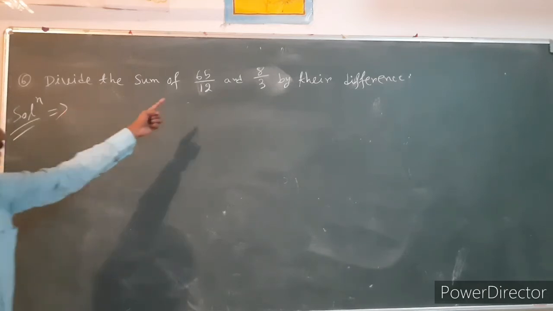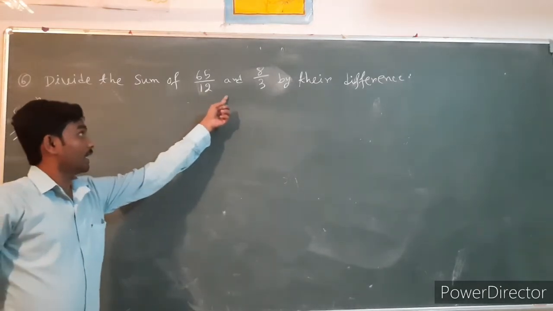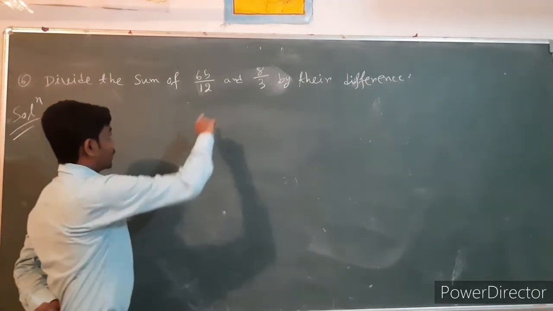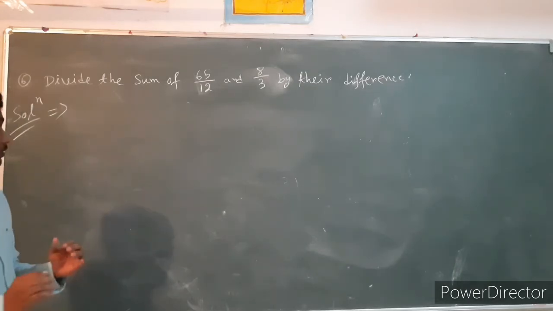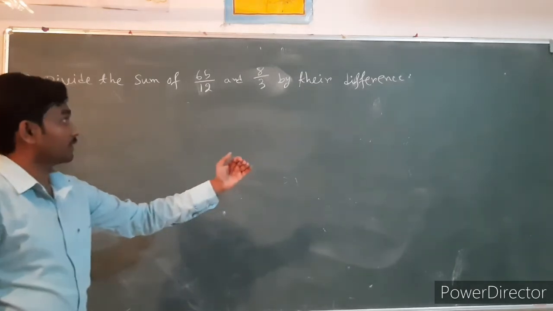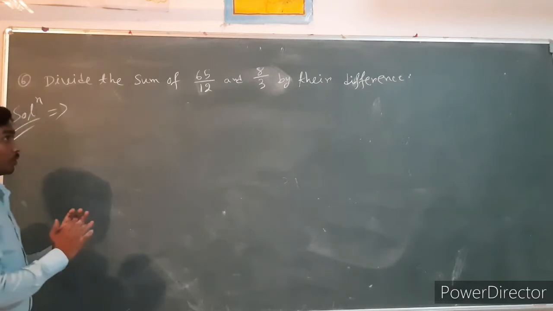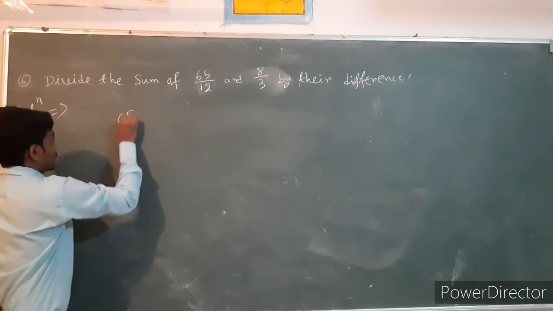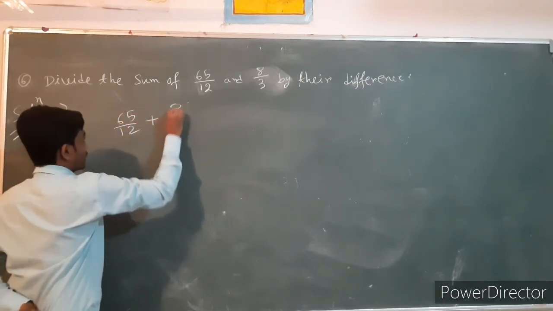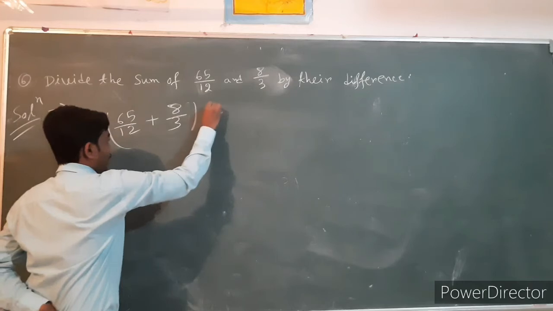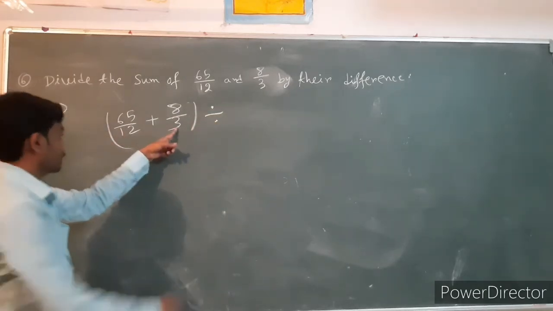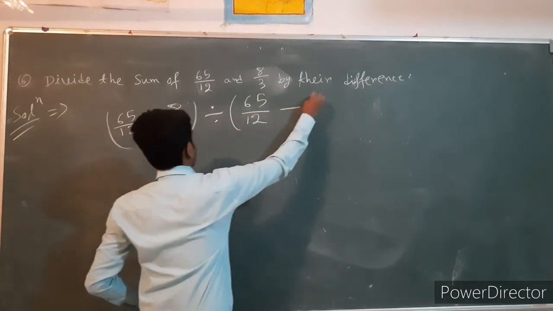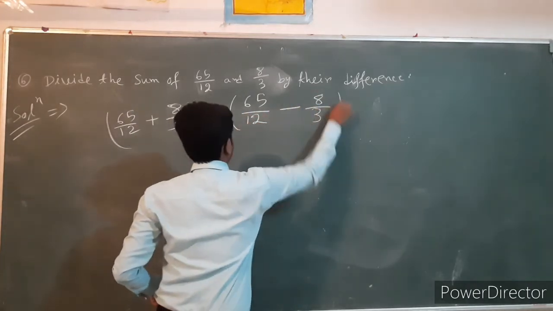Next question. Divide the sum of 65 upon 12 and 8 upon 3 by their difference. Sum means add and difference means subtraction. So we divide the sum of these two numbers, that is 65 upon 12 plus 8 upon 3, by their difference, that is 65 upon 12 minus 8 upon 3.